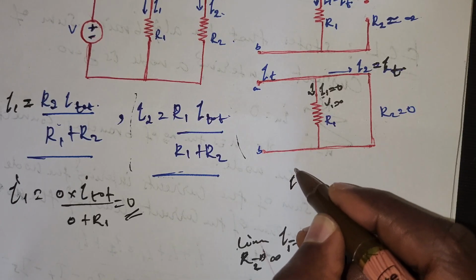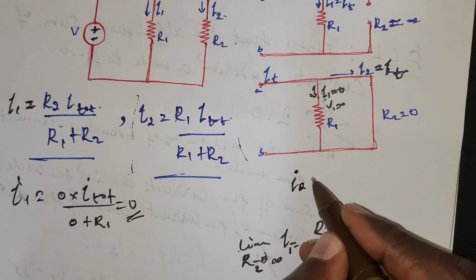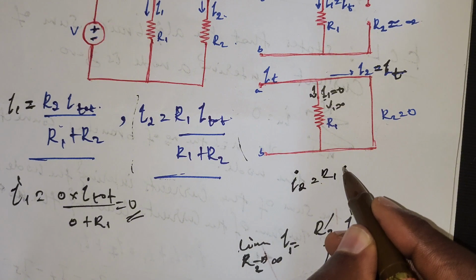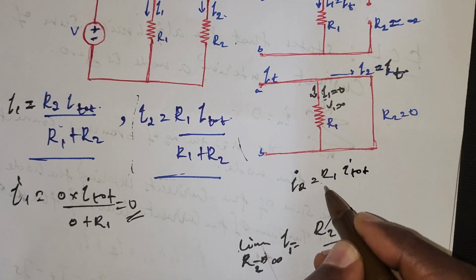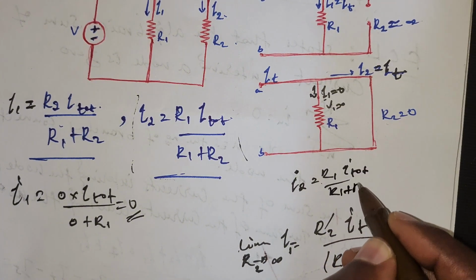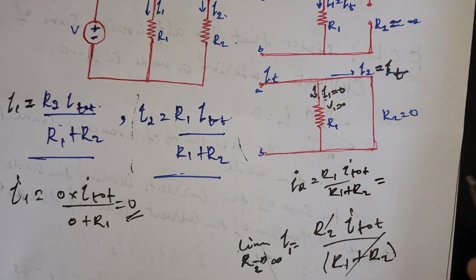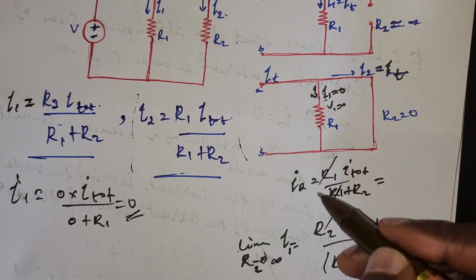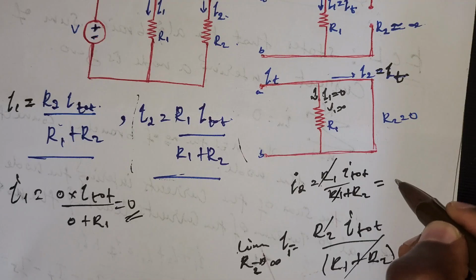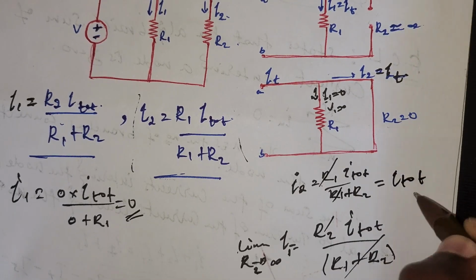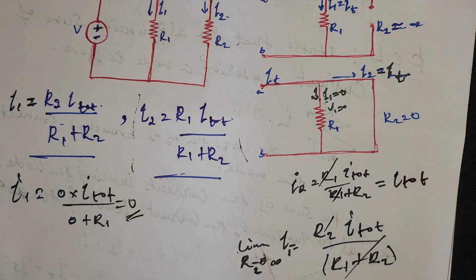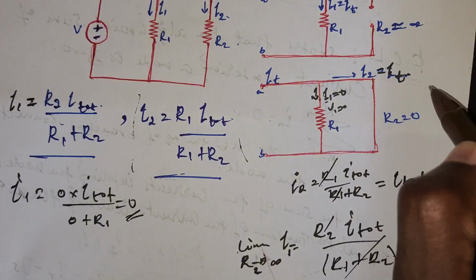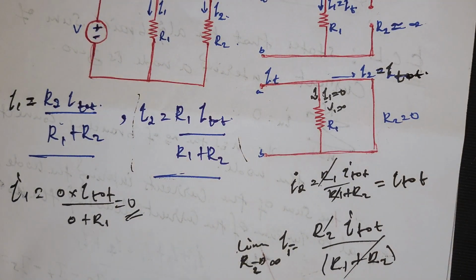I2 is R1 times I total over R1 plus R2. Assuming R2 is equal to 0, R1 is cancelled by R1. So I2 is equal to I total. So when it is short circuit, I2 is equal to I total. This is how it works.